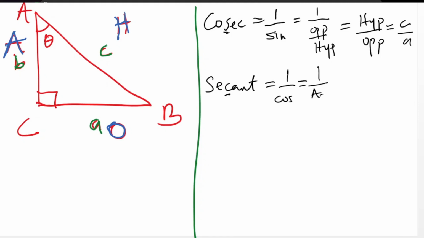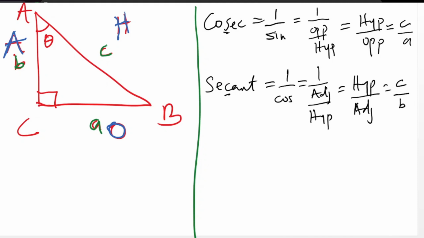That means the reciprocal, we interchange, so that is hypotenuse divided by adjacent. From the diagram, hypotenuse is TC, all right? And the adjacent is what? B, that is C over B. I hope I'm making sense.